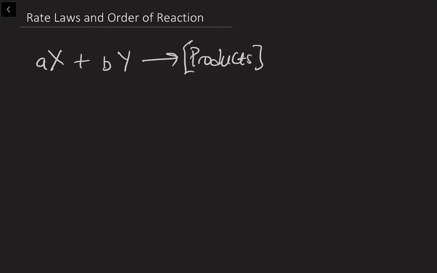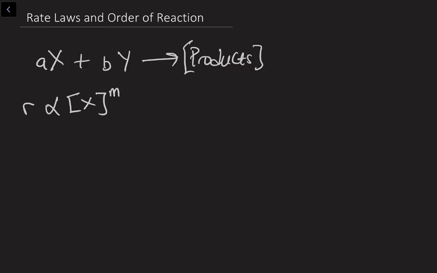So in the case where you have AX plus BY to give you some products, right? The rate of formation of the product is directly proportional to the concentration of X to some power. It can be power 0, power 1, power 2.